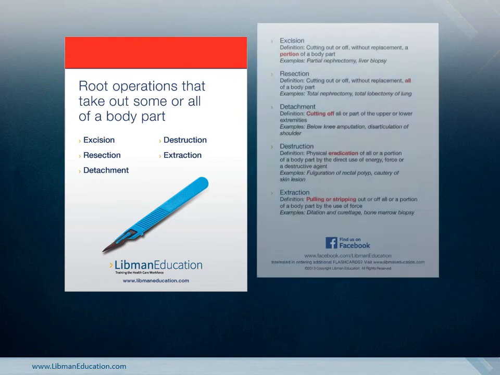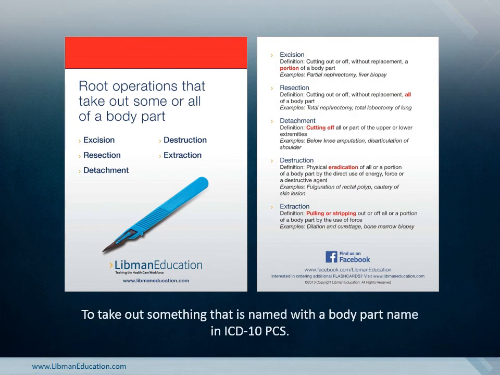The title helps you understand that the intent is to take out something that is named with a body part in PCS, like the gallbladder, or a lesion that has grown from a body part. The root operations in this group all involve taking out or off a body part using the 5 different methods of excision, resection, detachment, destruction, or extraction.